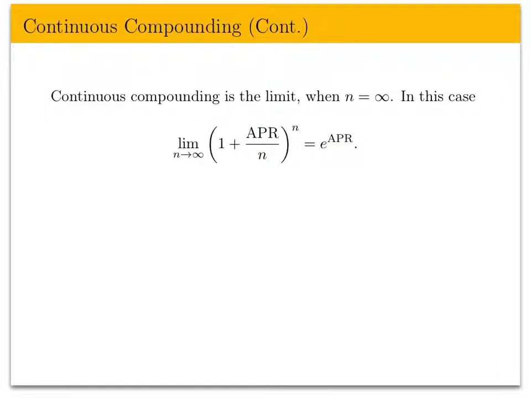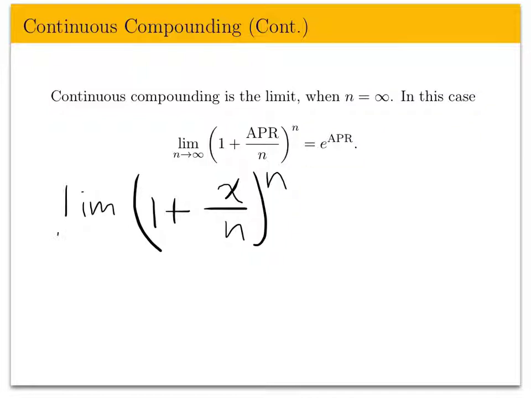That is, quite generally, if you remember from calculus, 1 plus x over n raised to the nth power, taking the limit of that as n goes to infinity, is actually the definition of e to the x. And so what we have in this equation is e to the APR, because APR is now x.